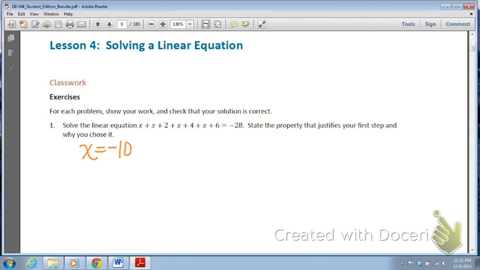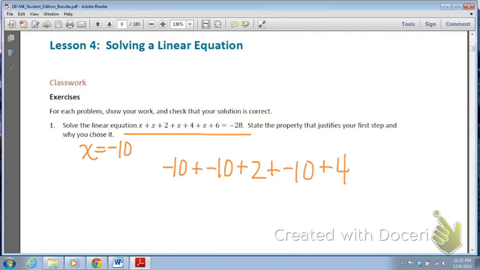So putting that into this equation here would give me negative 10 plus negative 10 plus 2 plus negative 10 plus 4 plus negative 10 again plus 6.